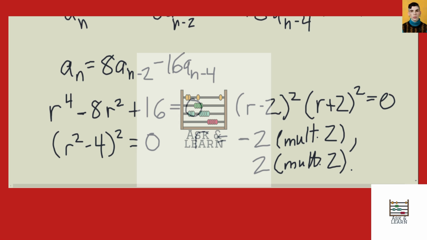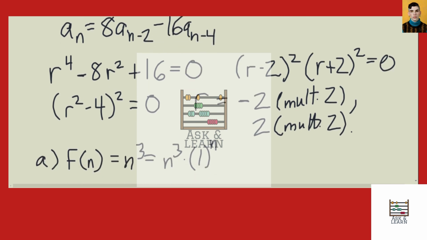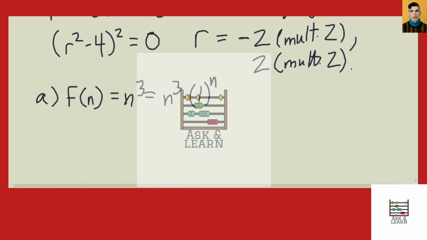In part A, we're given that f(n) is equal to n^3. This is the same as n^3 times 1^n. We have that 1 is not a characteristic root, so it follows that the particular solution has the general form: n^3 is a third degree polynomial.